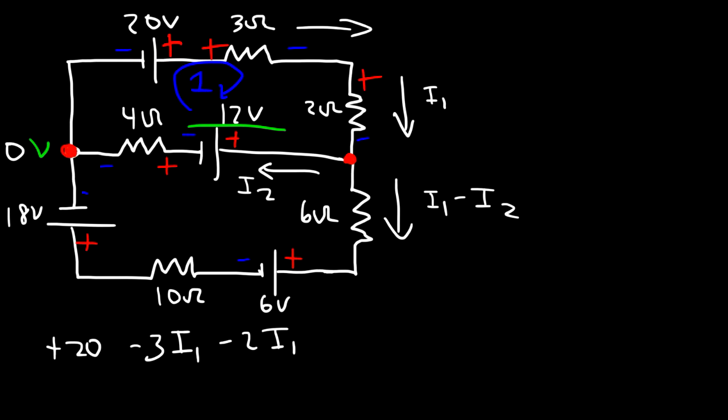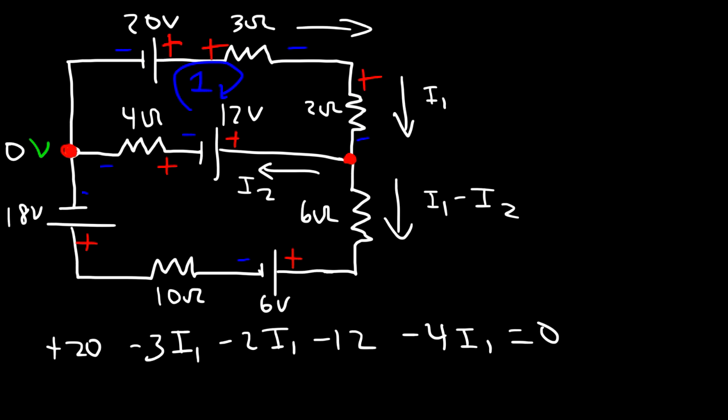So we're going from positive to negative, so that's going to be a voltage drop of 12. And then we're going to travel through the 4 ohm resistor from positive to negative. And so the current in that branch is I2 as opposed to I1. And that's a voltage drop, so that's going to be minus 4 I1. And so we've covered all the elements in loop 1.